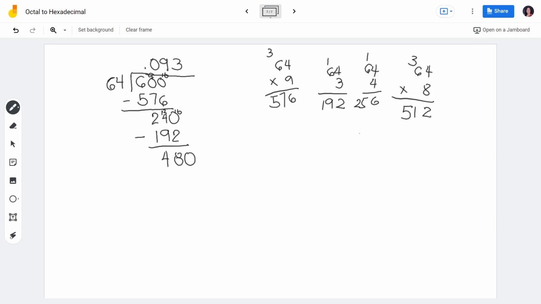Okay, 64 times 7: 7 times 4 is 28, 6 times 7 is 42, so 448. So we have 10 minus 8 is 2, and then 7 minus 4 is 3. So we already have 0.0937. So let's go back.